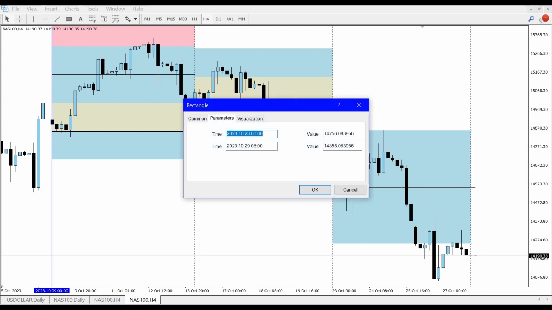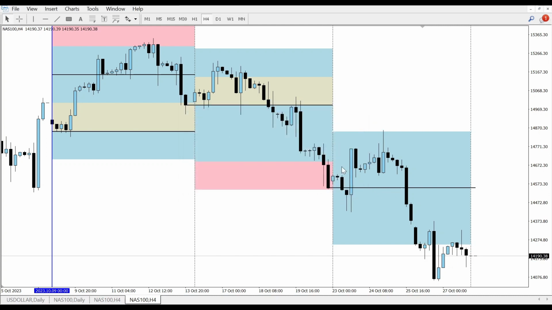So the closing price was 14549.96. If we add 300 to it, we're going to be left with 14849.96. And then if we subtract, we're going to be left with 14249.96. So this is what the projections would look like.